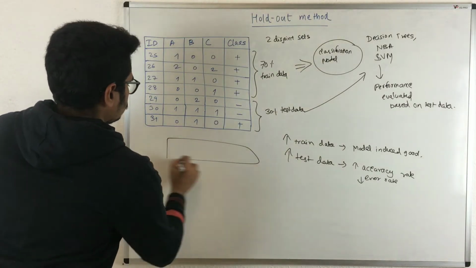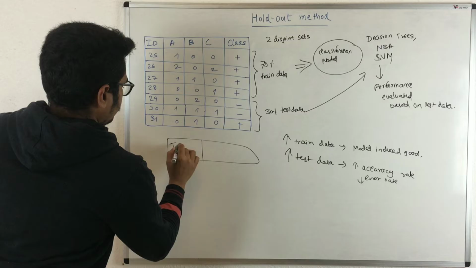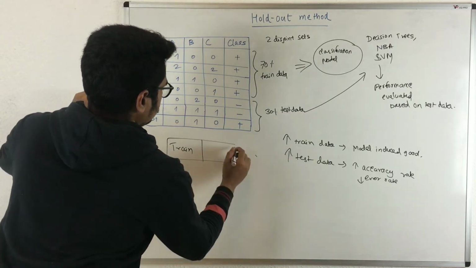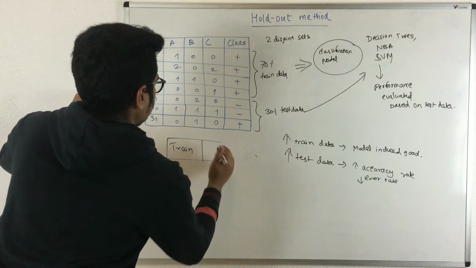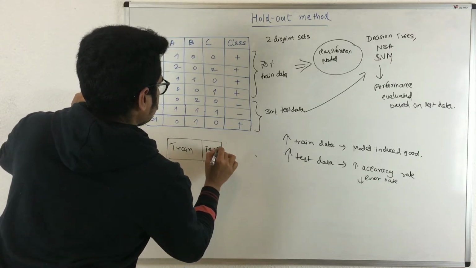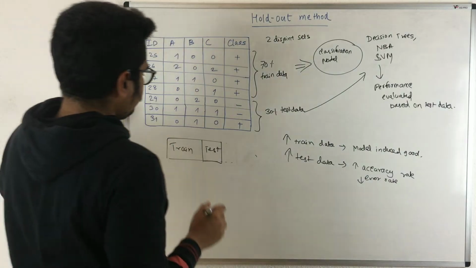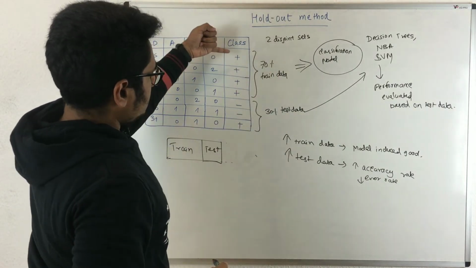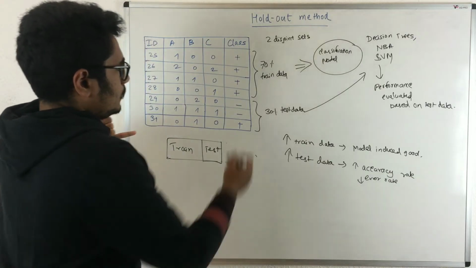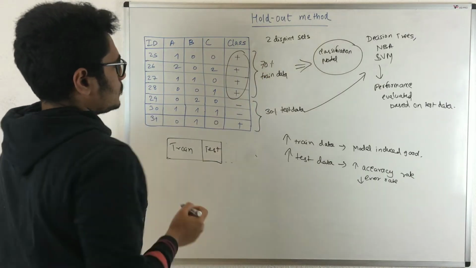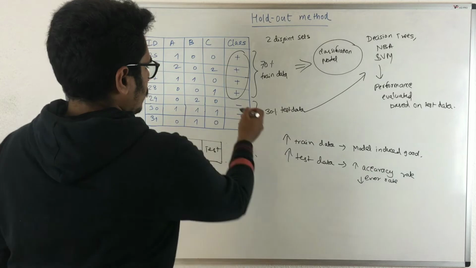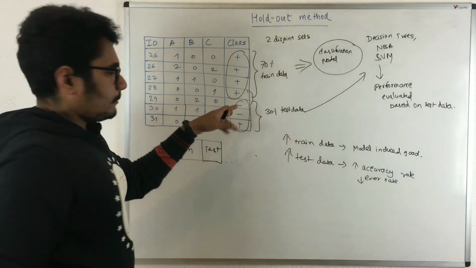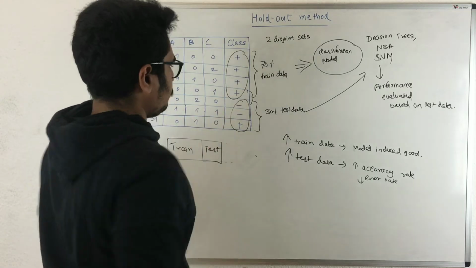Graphically, this was our training data and only this much part was our test data. Now what happens is, as you can see, the instances are positive, positive, positive, positive. So all the positive instances were under the training data, and there were no negative instances in the training data, but they are there in the test data.